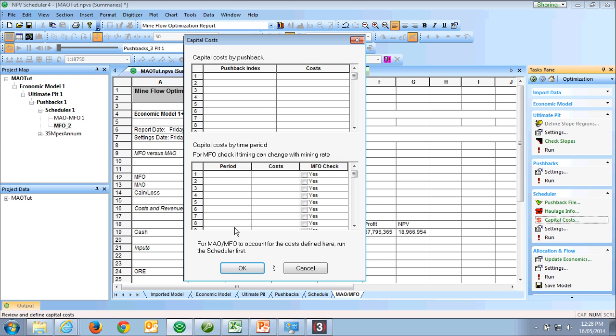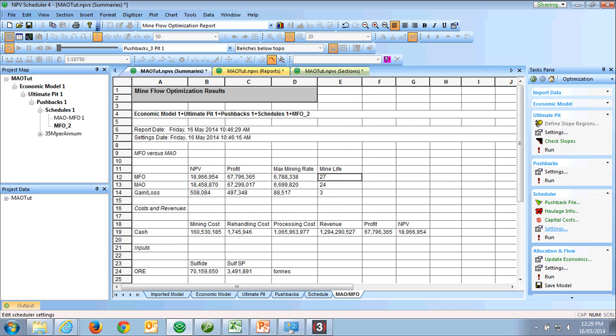I know from your comment that you're saying that there are years where your waste movement goes up and down. In the scheduler, if we set the primary target as NPV, then the waste movement will vary as it needs to reach the maximum NPV. But we are able to put in constraints as far as rock movement.